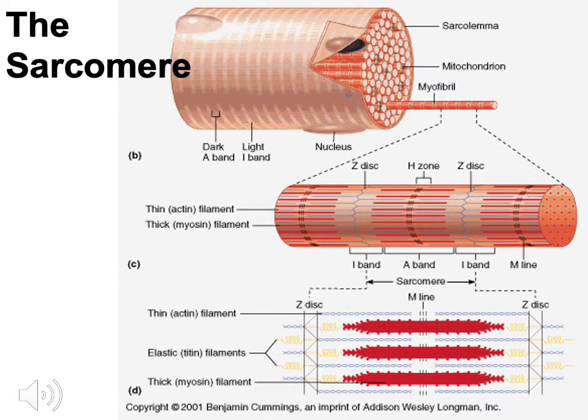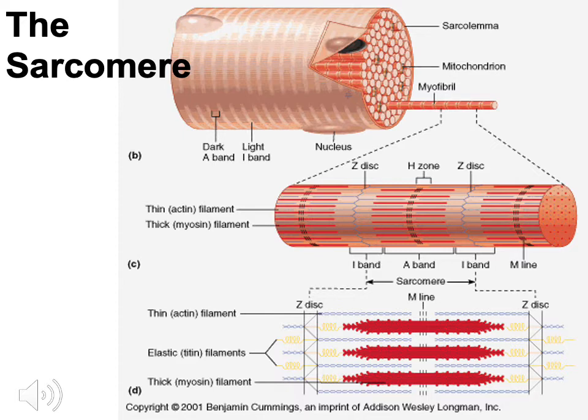If we look at the very bottom diagram, which is a nice simple representation of how a sarcomere is structured, and remember, this would be repeated for the entire length of that myofibril, we can see that thick filament, dark red, the myosin, and that's what gives us the A band. Overlapping with that, we have the thin filaments, actin filaments, blue, overlapping from each side.